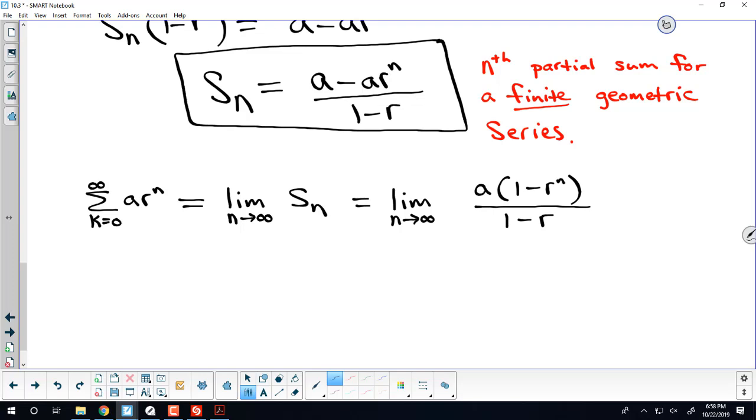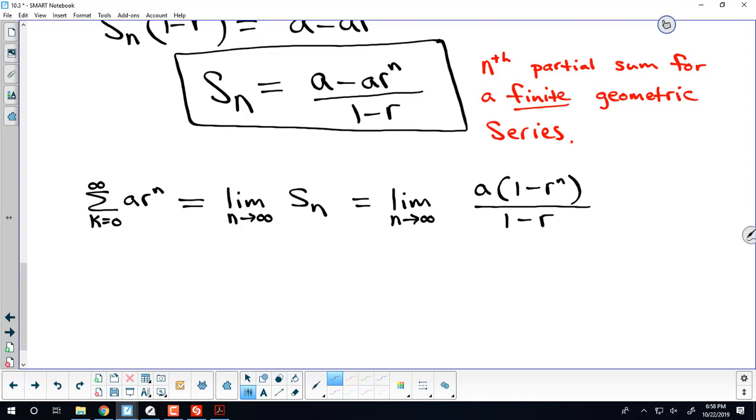So, does anyone have any questions at this point? Yeah, so just to reinforce this nth partial sum formula, remember when we were dealing with 1 over 3 to the k, and we said the nth partial sum was, does anybody remember what the nth partial sum for 1 over 3 to the k was?